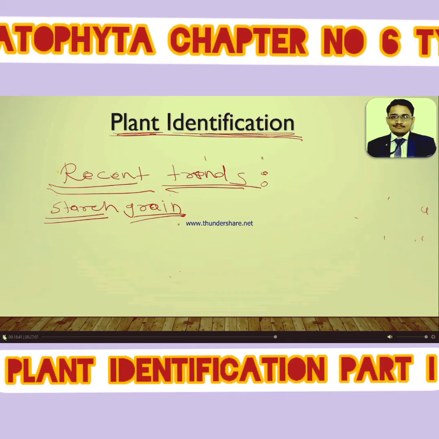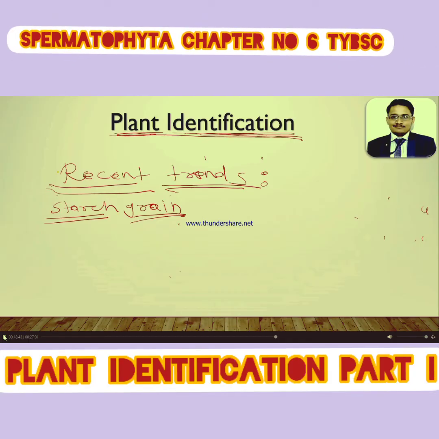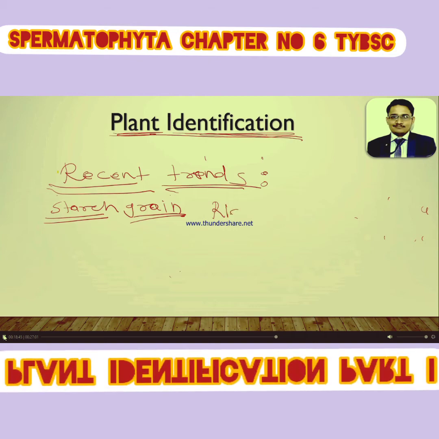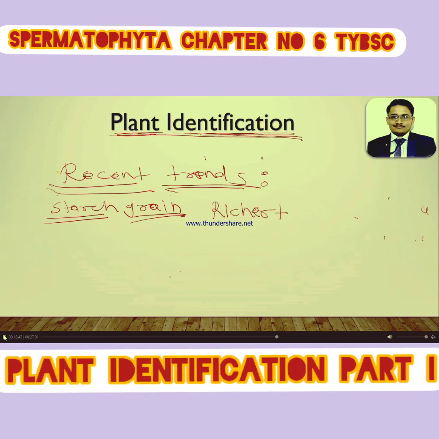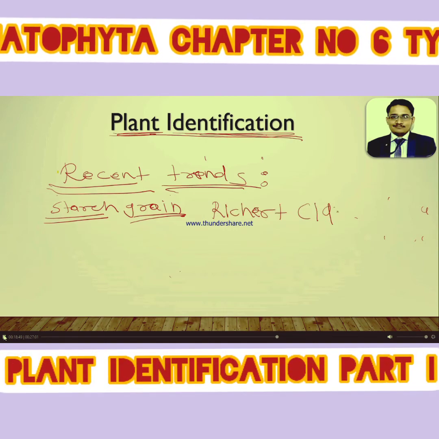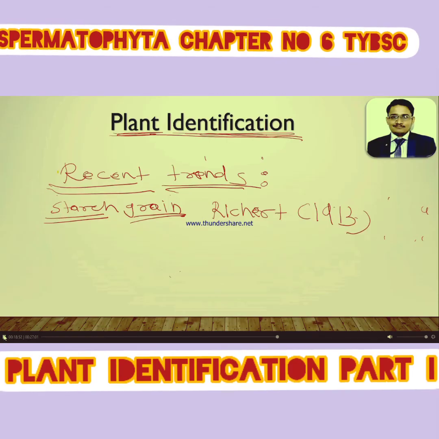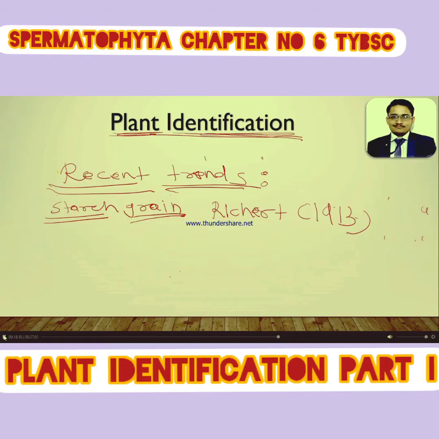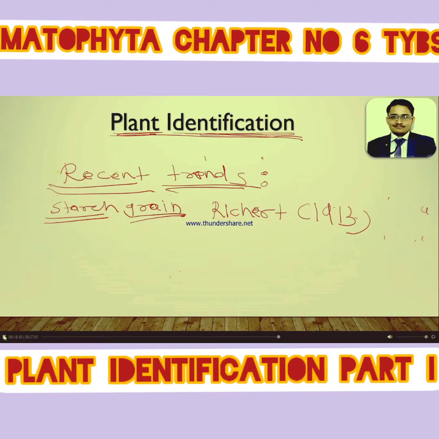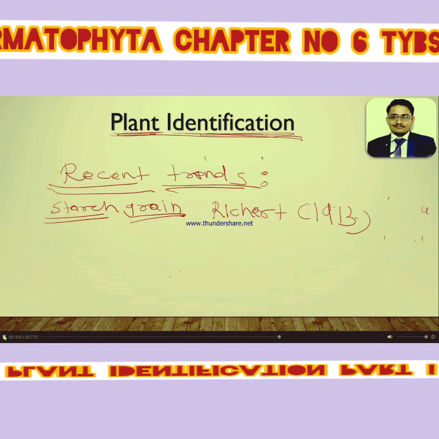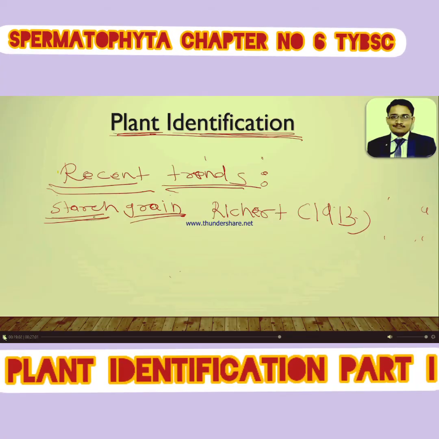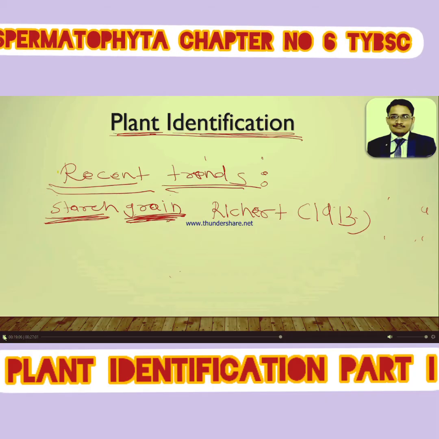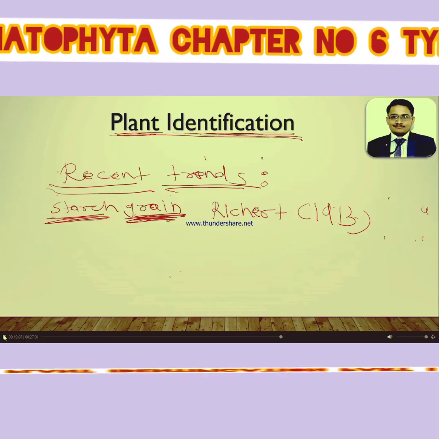For example, one of the scientists, Richard by name, in 1930 observed that many plants of grasses, in their anatomy or the tears, have a grain-like structure, and there is a starch amount present in that grain.